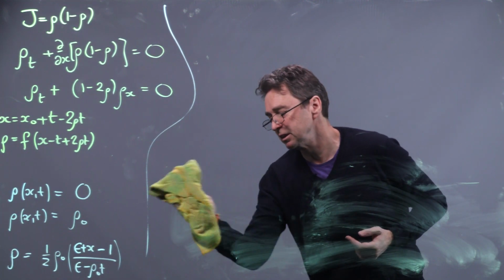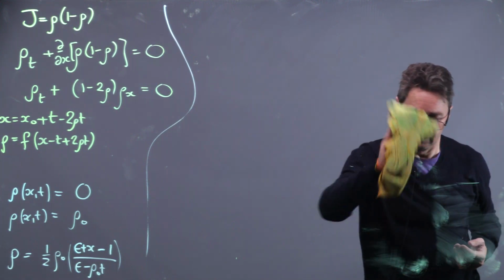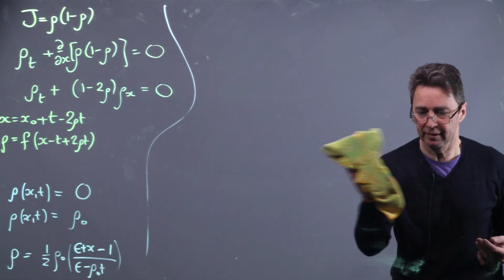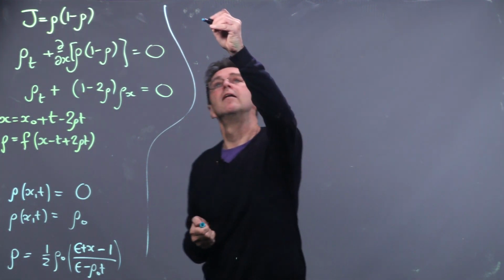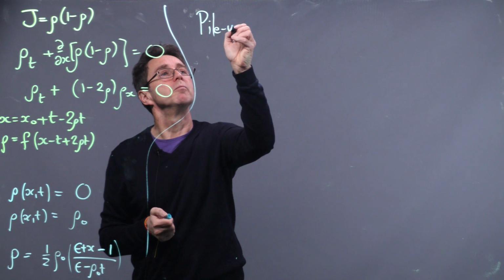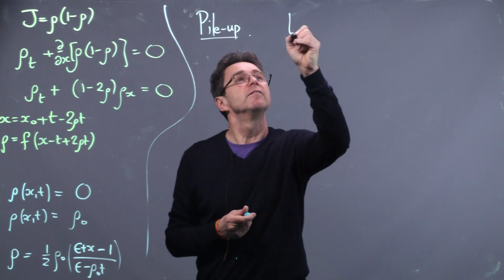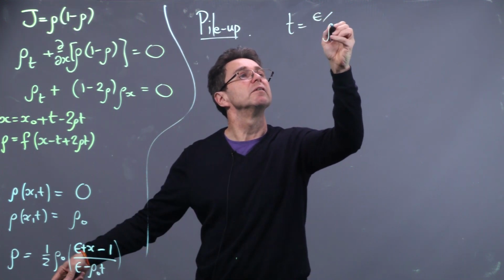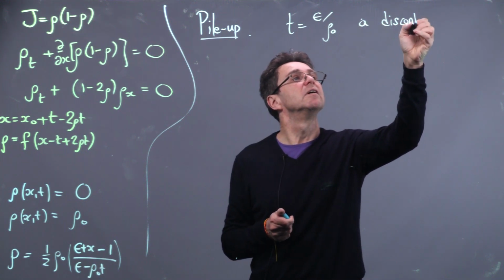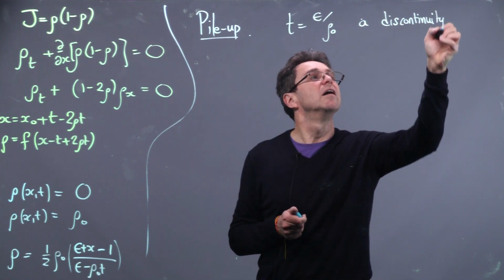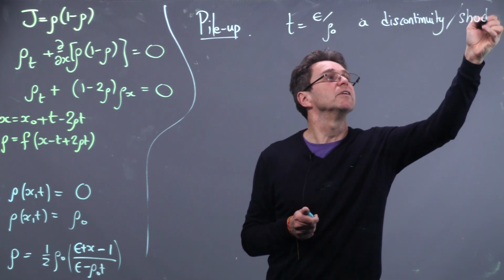Instead, we're going to say that we have a discontinuous solution. So let's work out the details. So back to the pileup problem. For t equals epsilon over rho 0, a discontinuity forms. And now we're going to call it a shock.